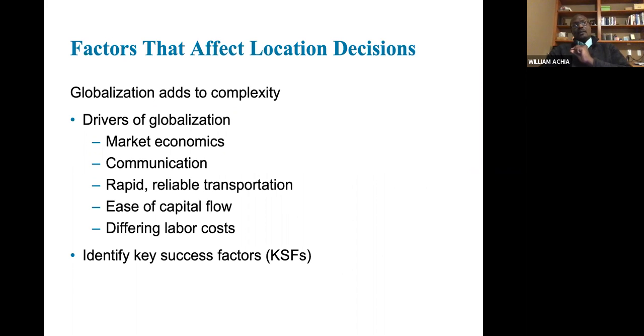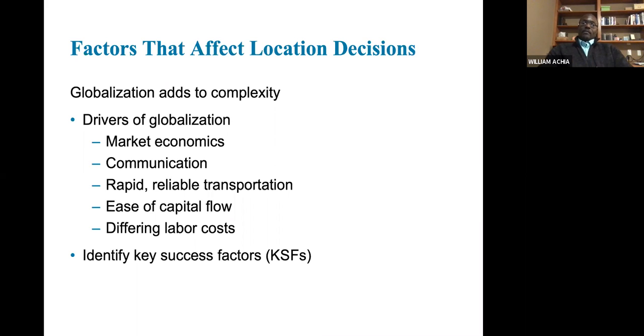Globalization is big. It's not going away. It's something that organizations have to factor into the calculation of where do we want to site our facilities, where do we want to site our operations, okay?